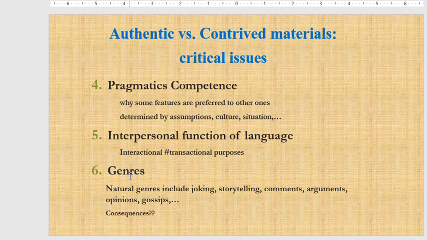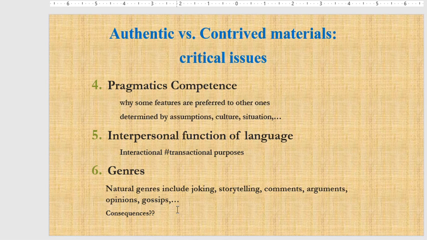Okay, the other one is genre. In contrived materials, only a single genre is used. You know that the language used for joking, the language used for storytelling, for commenting, for argument, for opinion, for gossips, the languages are different.